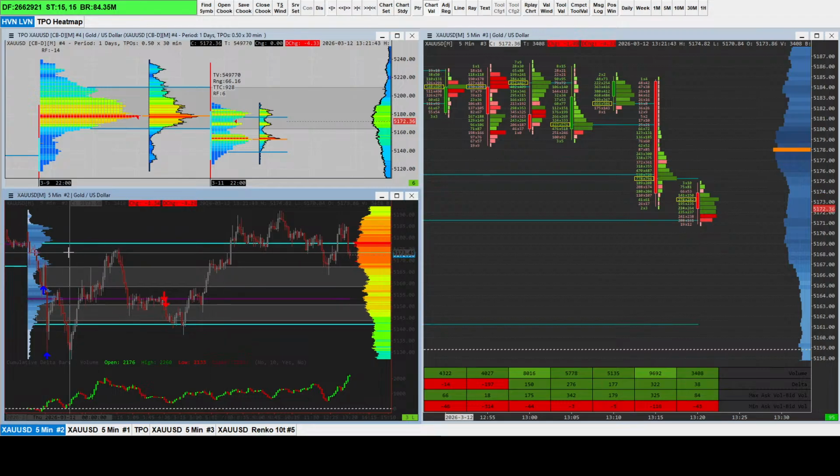It got to this low volume node, so this is a distribution, this is a distribution, this is a distribution. Cool.